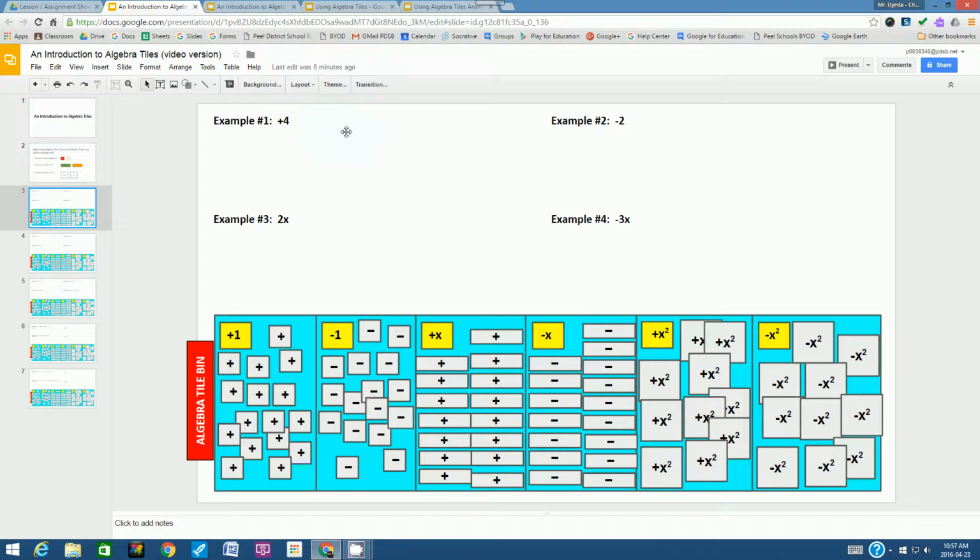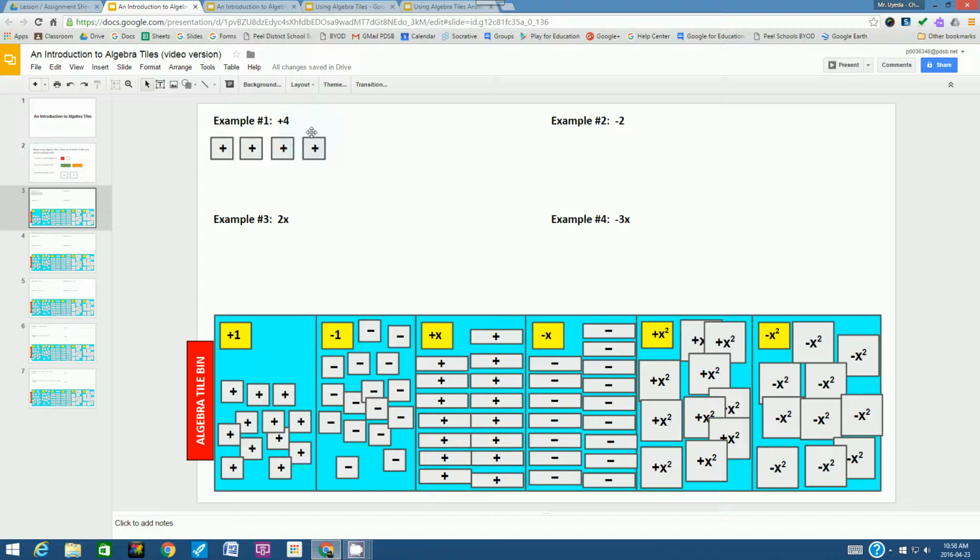In example 1, we have positive 4. So I would like you to construct this algebraic expression using these tiles. So for example 1, positive 4 is simply 4 positive tiles.